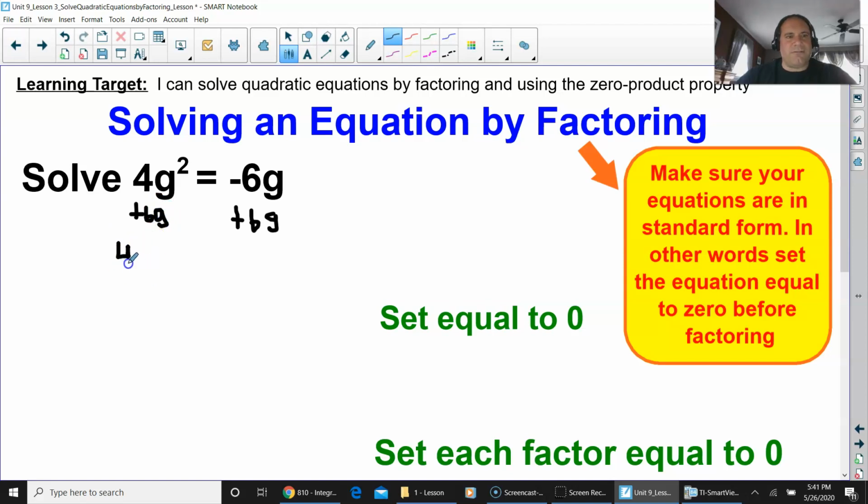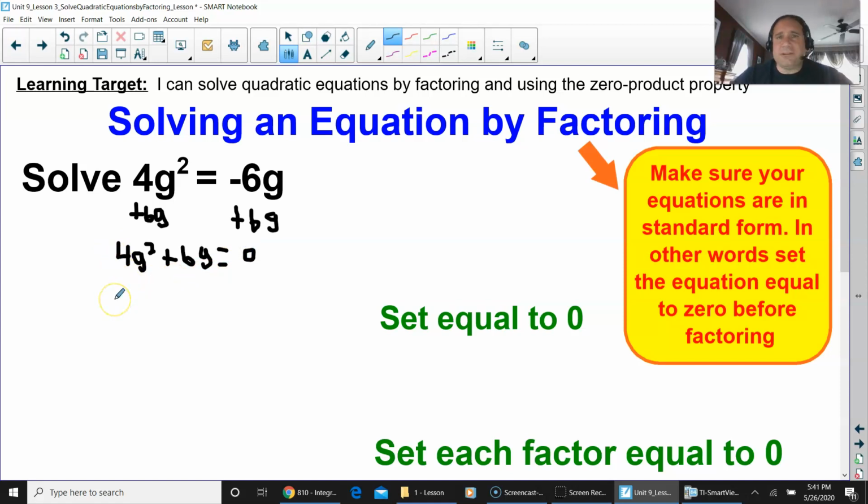So if it says solve, you have to basically get that -6g over to that left-hand side so you can get that in standard form. So this becomes 4g squared plus 6g, and you bring down the equal sign, and guess what's over there on the right side? That's the 0. Now you can start factoring.